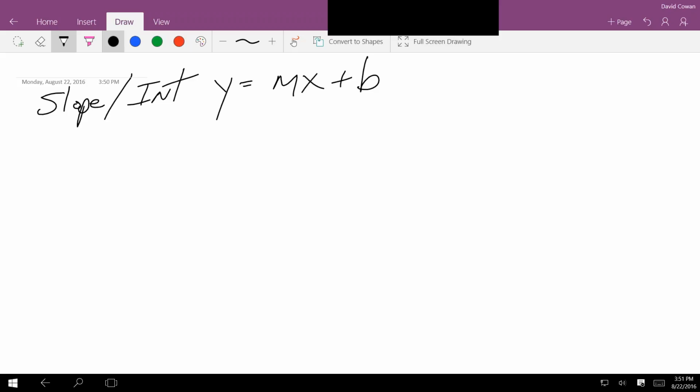That's the slope-intercept format. For example, y equals 2x plus 3. Okay? The reason it's called slope-intercept is because you have the slope and you have the y-intercept. The slope is 2, the y-intercept is 3.